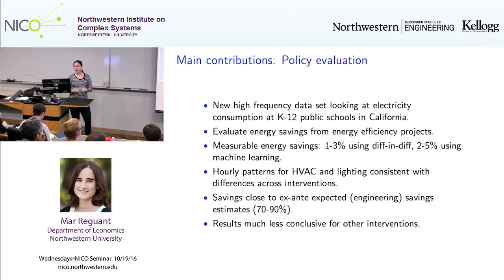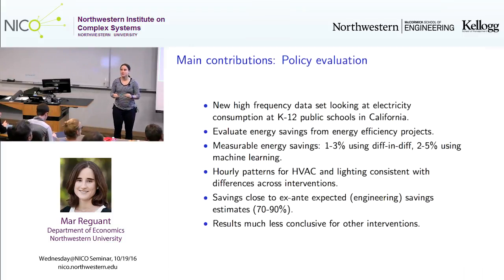In terms of policy, these are important policies. So the nice thing about the project is that we could get the Public Utility Commission to share with us the smart meter data for all the schools in Northern California. And with that, we will be able to measure the efficiency from these projects. These are relatively modest projects, so we will find that they save about 1 to 3% energy when we use the Diff-in-Diff approach, and 2 to 5% when we use the machine learning approach.